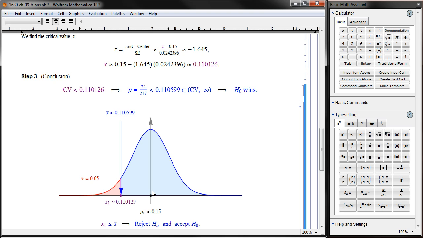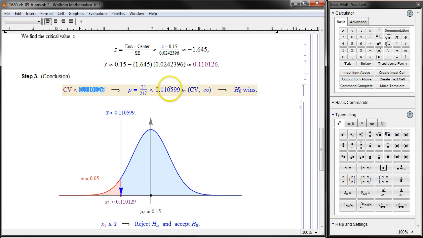Okay, I agree. This problem would have been written a little bit better if I gave you a little bit smaller alpha value, so that this critical value and this observed proportion are a little bit apart, so that the picture comes out a little bit more nicely and the computation is a little bit easier. But in any case, you can still do this.